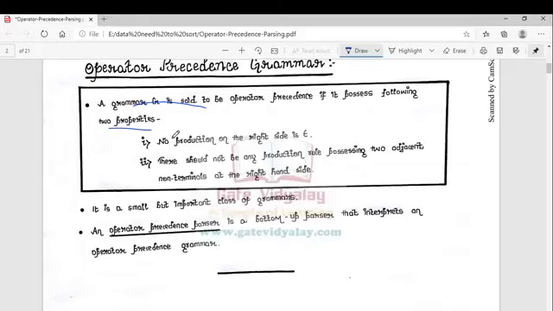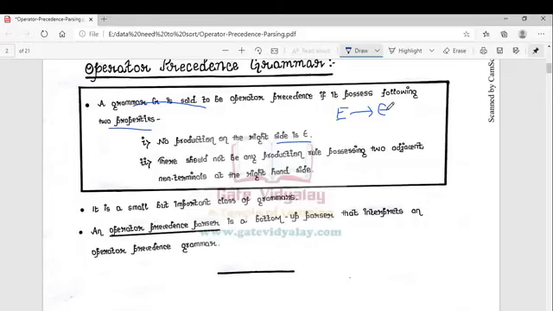First of all, no production on the right side is null. Operator precedence grammar doesn't accept null productions. So if we have a grammar in which some non-terminal produces a null string, that grammar is not an operator precedence grammar.